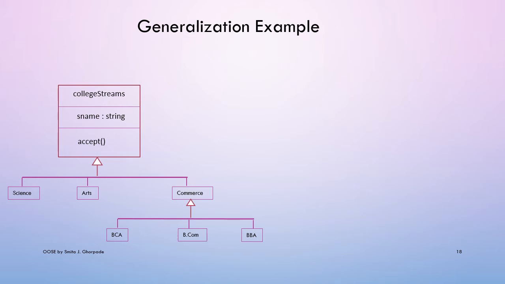This is an example of inheritance. Here this inheritance is hierarchical inheritance. In this example, science, arts, BCA, BCom, BBA are leaf classes. Leaf classes means after that no more subclasses are present.